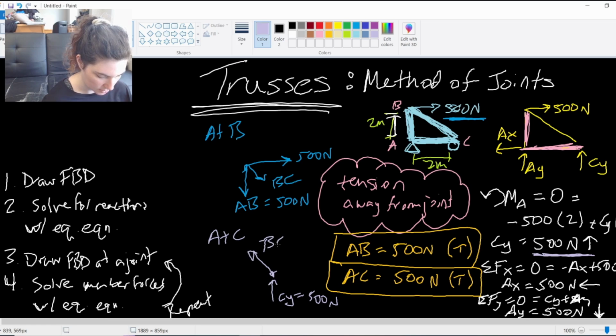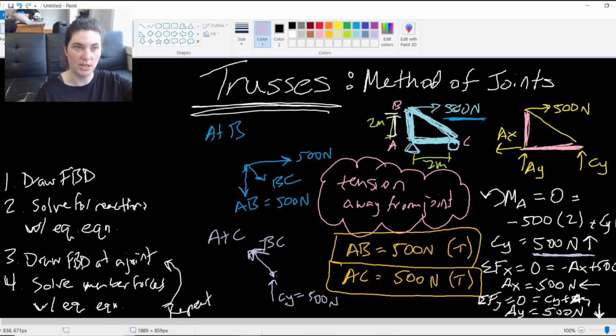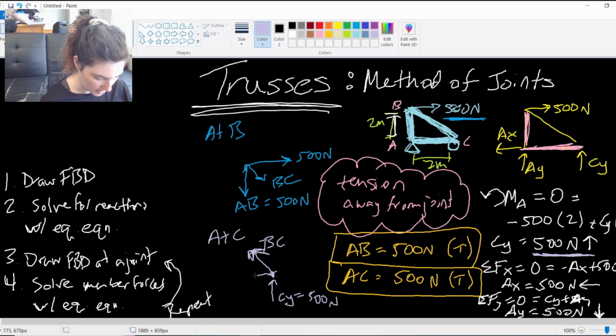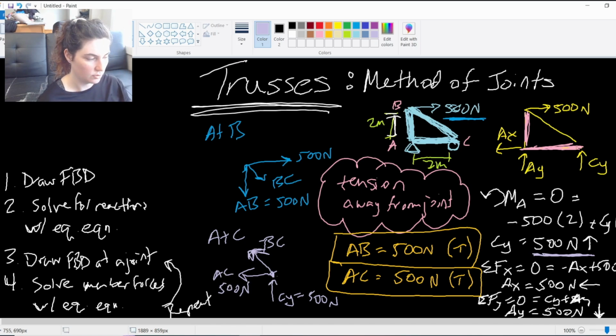BC, again, assuming in tension, pointing away from the joint. Depending on whether you look at B or C, they're pointing in opposite directions, but they're both pointing away from the joint that they're acting on, showing that it's in tension. So BC in tension, and then AC, which again, we found was 500 newtons.